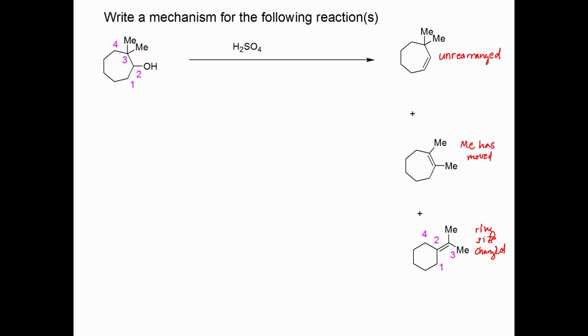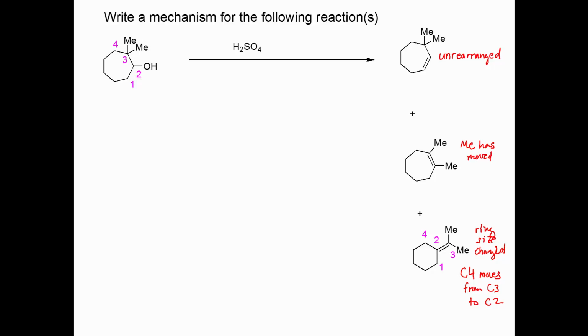Okay. All right. So there's also another clue here, and that's this numbering system. That's telling you what carbon went where, and probably the hardest one to do is the last one. So what you'll notice here is that carbon 4 moves from carbon 3 to carbon 2.